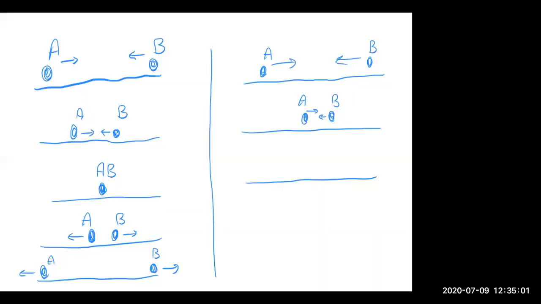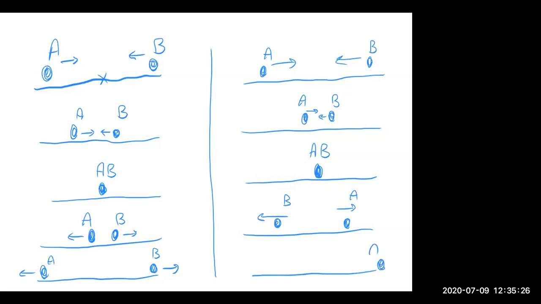So suppose rather than A and B coming closer and closer together, being at the same point and then reflecting, suppose the other case where A and B are coming closer and closer. At some point, A and B would be in the same place, and suppose in the next second, A and B would pass through each other rather than reflecting.